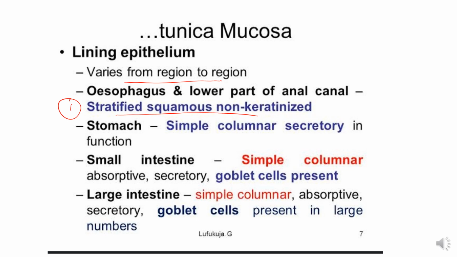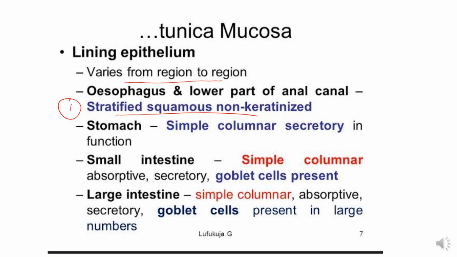And in the lower part of the anal canal there are hard feces, from which all the nutrients have been absorbed in the GIT, and the waste product becomes hard due to absorption of water also. So in the lower part of the anal canal also, stratified squamous non-keratinized epithelium is present.